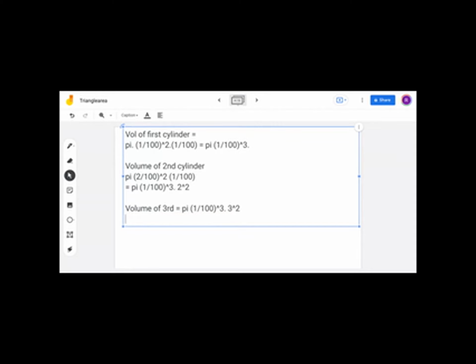What is the volume of the ith cylinder? Let me make it volume of the ith cylinder.